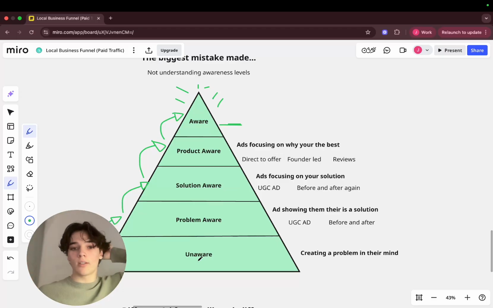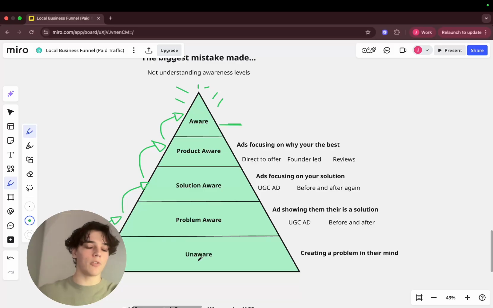And you can actually start focusing on not just 3%, but the extra 97% of the market that is there and that can still make a purchasing decision. But you need to get them to that purchasing decision, which is where a lot of people go wrong. So you create the problem in their mind, you show them the solution, taking them to solution aware, and then you make an ad focusing on your solution and why it's the best.